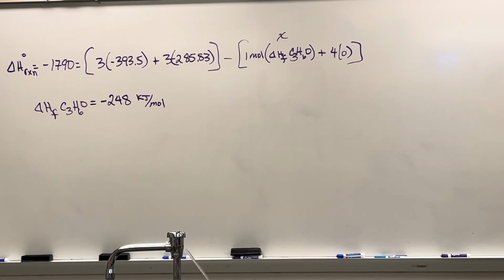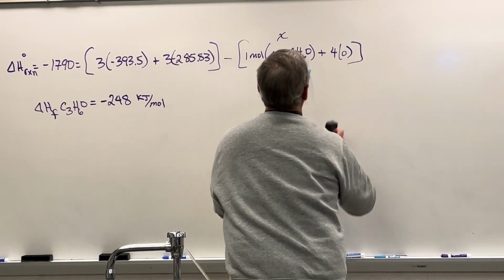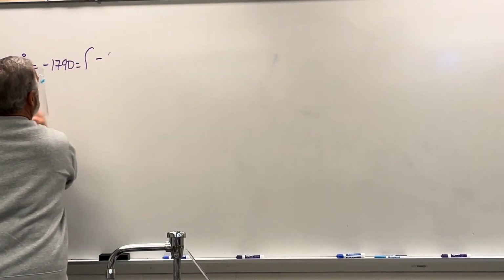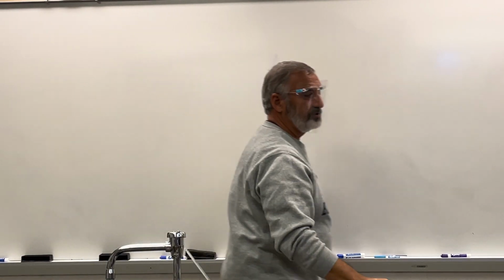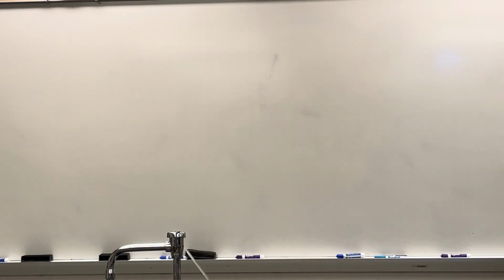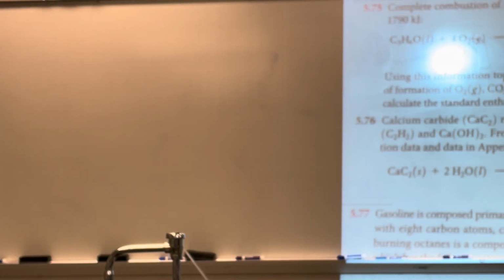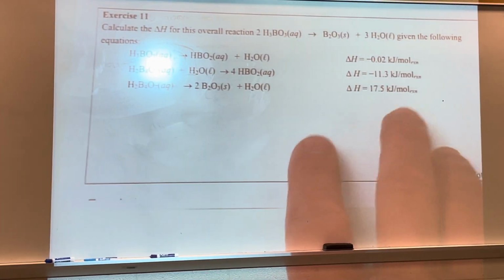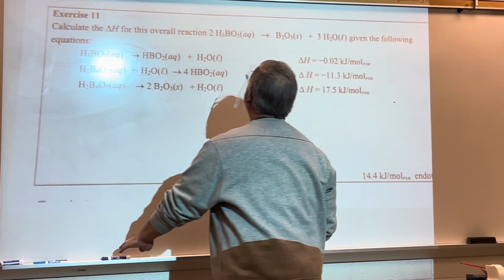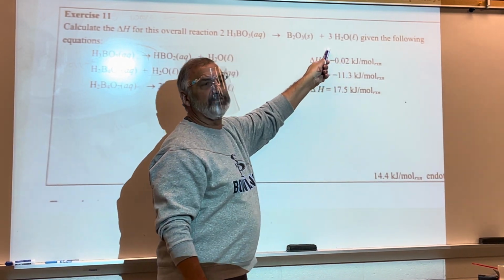But if we go down and look at exercise 11 on page 8, it says calculate delta H for this overall reaction. So they give the overall reaction. This is what we want to get the delta H of the reaction for.